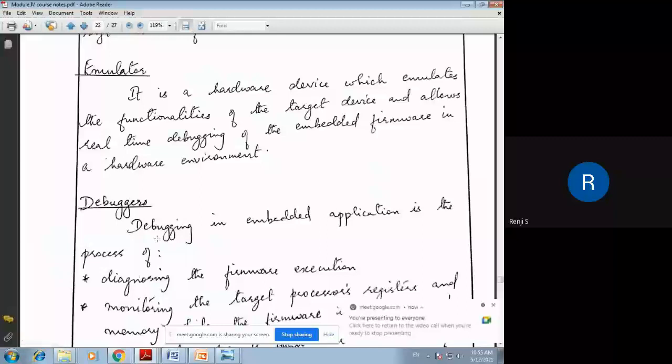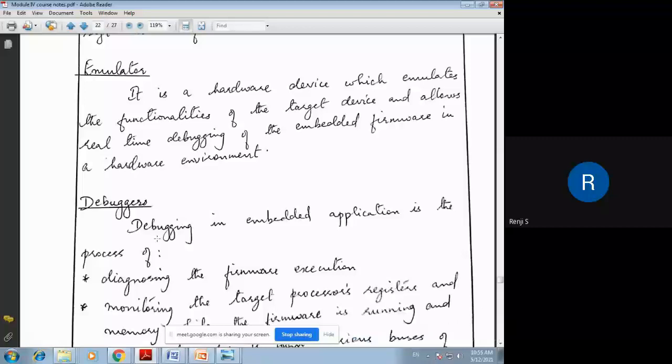So, emulator. An emulator is a hardware device, and it emulates the functionalities of the target device. We said a simulator is a software tool, but an emulator is a hardware device, and it helps in real-time debugging. A simulator doesn't support real-time debugging, but an emulator is a device which substitutes the hardware device, and it can be used for real-time debugging of the embedded firmware.